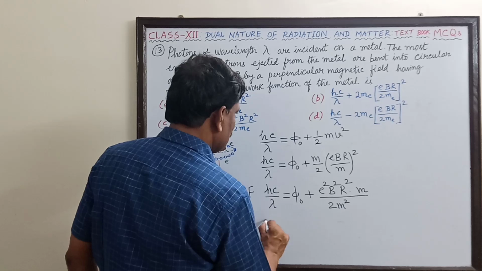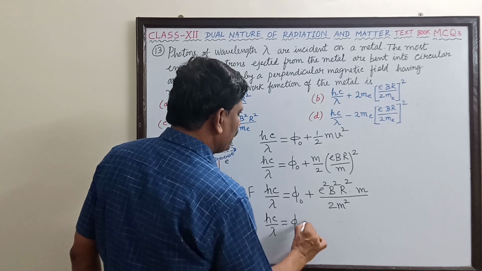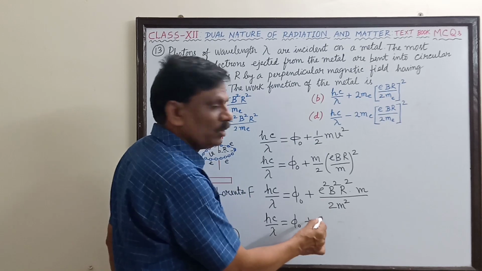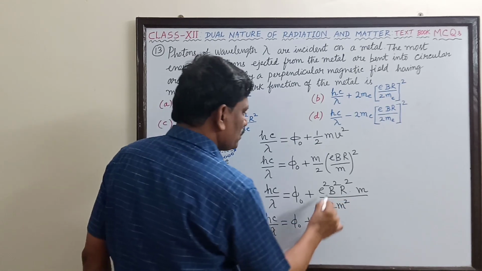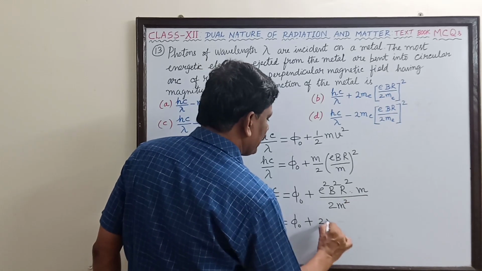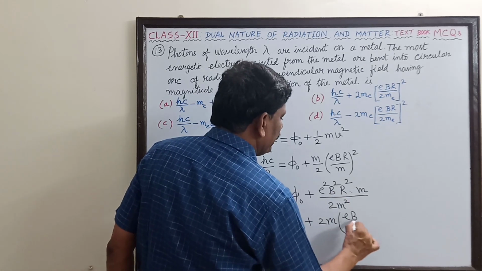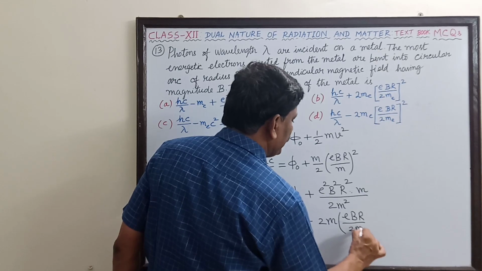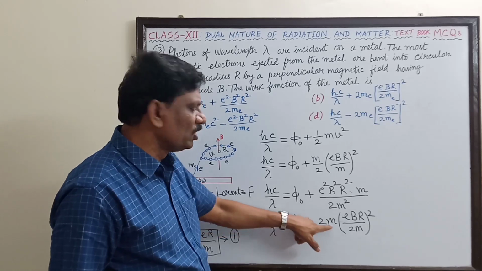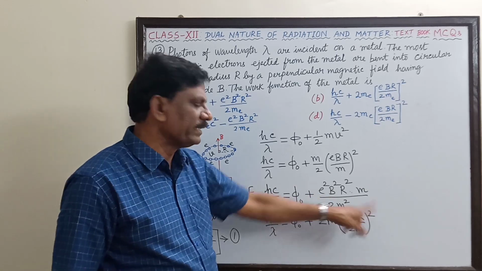So hc by lambda is equal to phi naught plus 2m into e B R by 2m the whole squared. I multiplied by 2 so that it has become 2m, and here also it becomes 2 squared m squared, so 2m the whole squared.